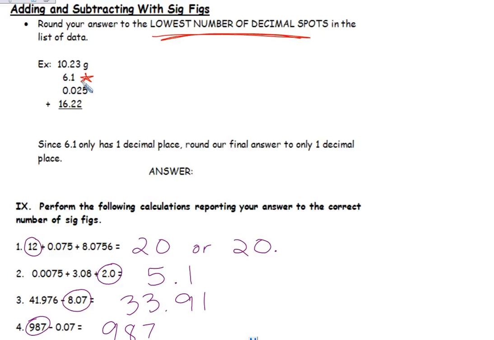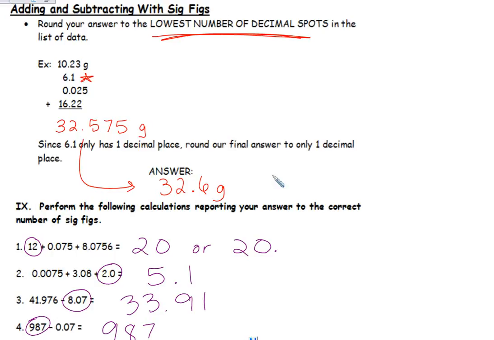So in this case, I'm going to leave 1 decimal spot. My calculator gives me 32.575, and these must all be grams. But I'm going to round that to just 32.6. You just round it to whatever piece of data has less decimal spots.